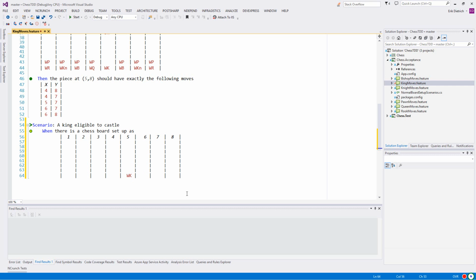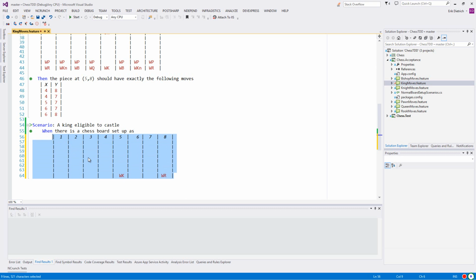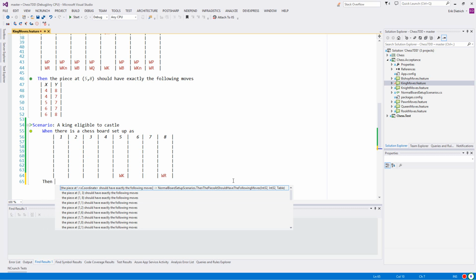Memory serves, for the last 7 or 8 episodes, I think the only class I've really been touching outside of the acceptance test class is board. And this is going to have us going back into king and taking a dive through the unit tests also.